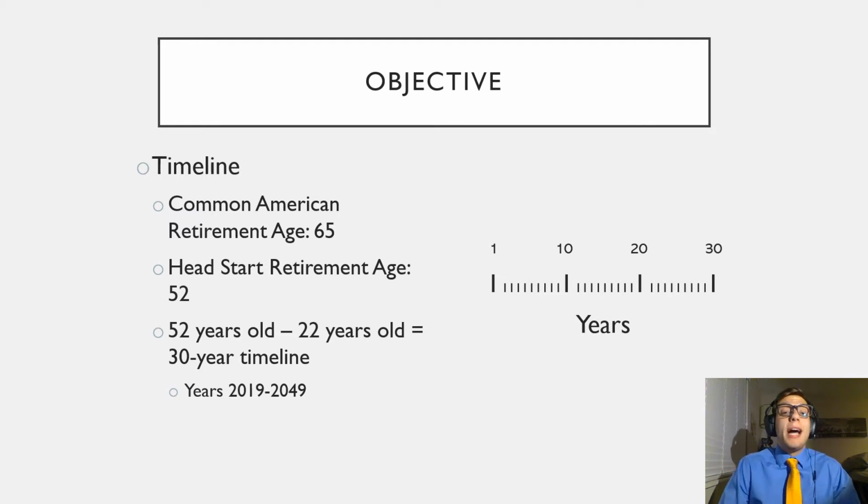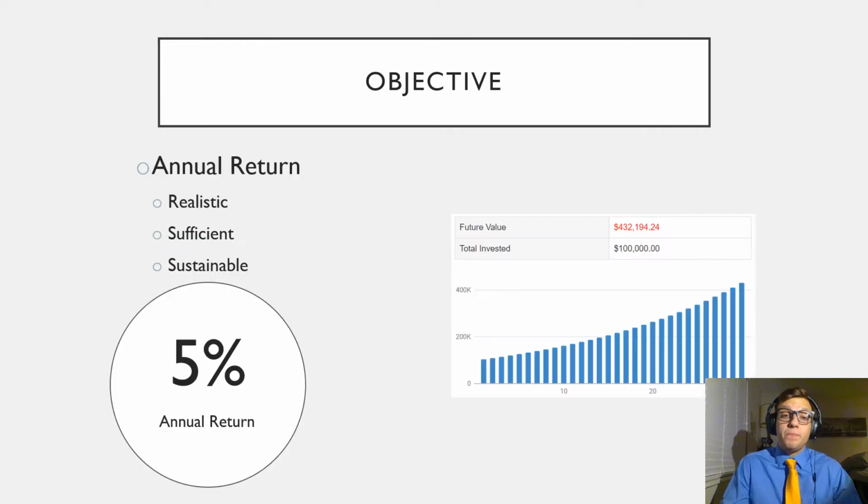So I want to retire at 52 years old, and at 22 years old right now, that gives us a 30-year timeline, which takes us from the year we are currently in, 2019, until 2049. And to fit that timeline, we need to hit our annual return of 5%.